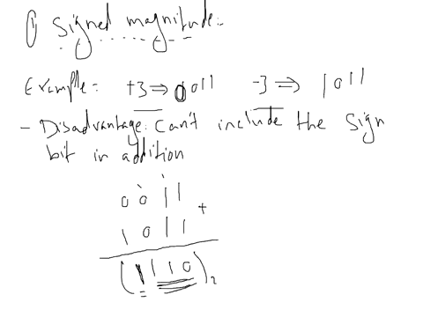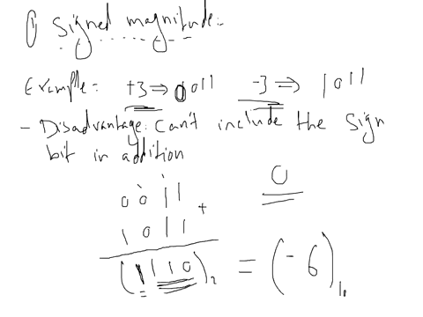It is 6 in binary, which means that the number we got is -6. Now, is this correct? I've added 3 and minus 3. Theoretically, the answer should be 0. But I got -6. So we do have a problem.